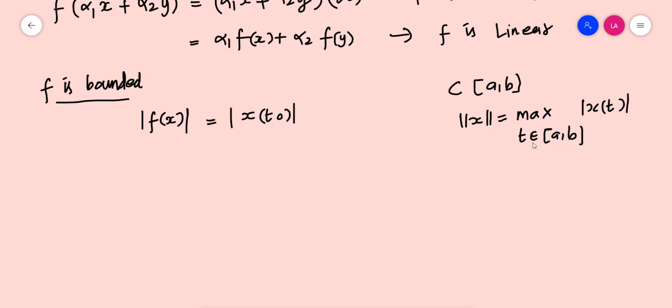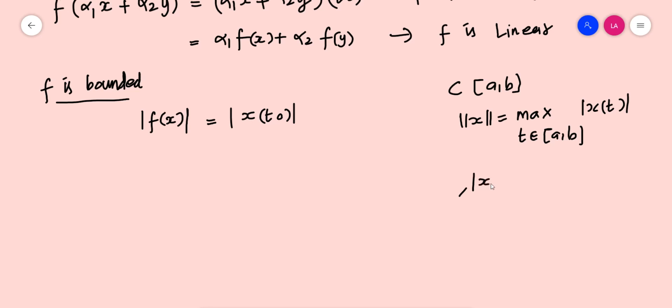t naught is a particular element of the closed interval [a, b]. So this norm x, consisting of the maximum of all modulus of x of t where t is in the closed interval, should be greater than or equal to modulus of x of t naught.